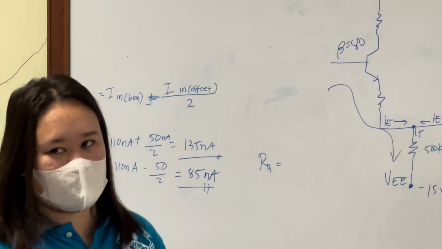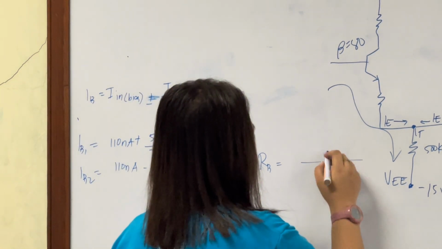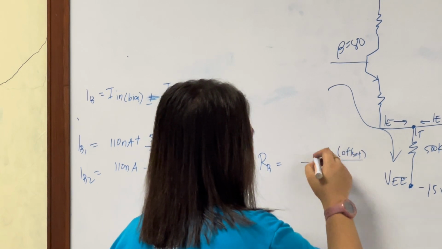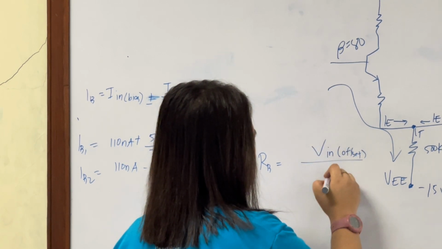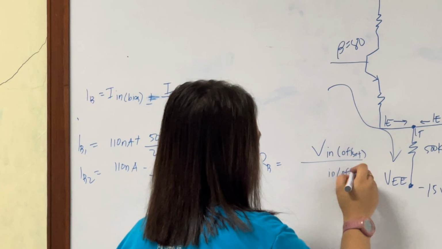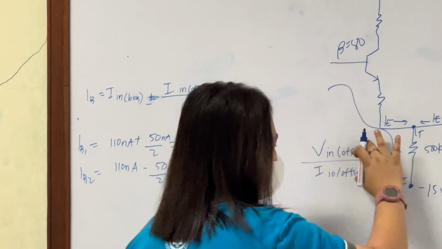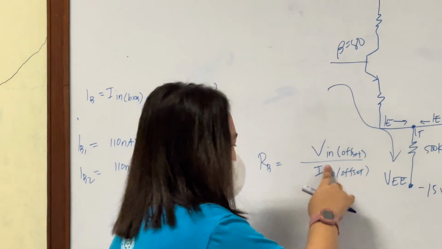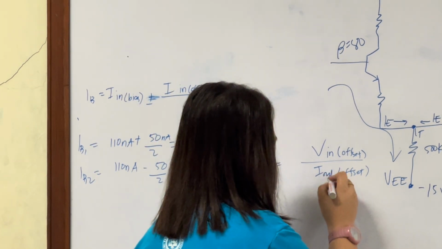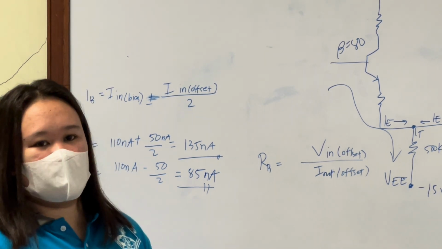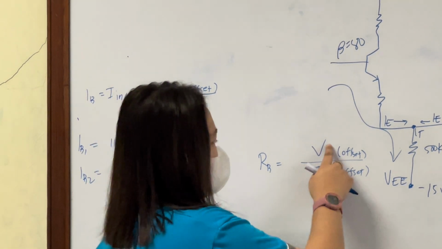So Ohm's law basically, input offset voltage over input offset current. Dapat same sila, dili pwede nga usa input, usa output. Ang usa in, ang usa out.